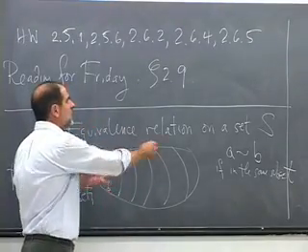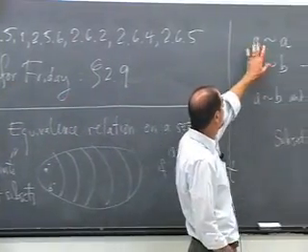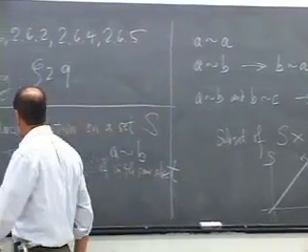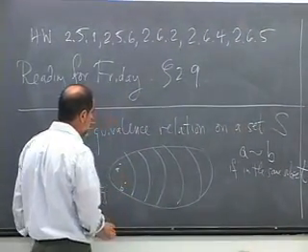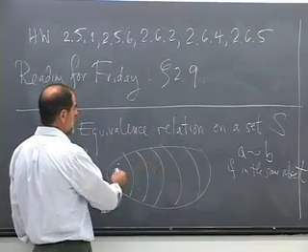And the reason those things are disjoint and cover the set is, first of all, everything's equivalent to itself, so everything's in at least one subset. And they're disjoint because, why couldn't the subset containing A have some intersection with another set without being equal to it?